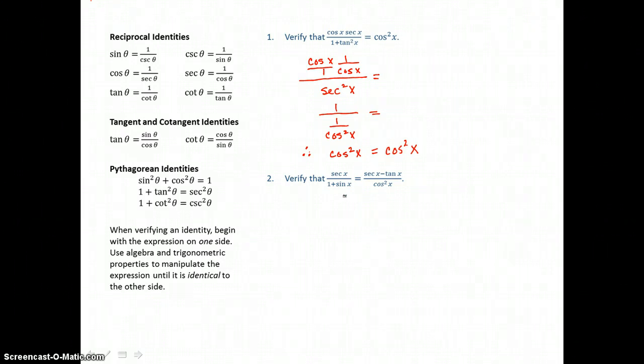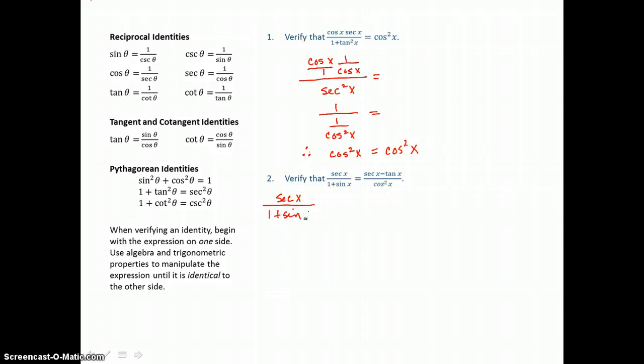Okay, in our last problem, we're going to verify that this equation is an identity. And again, I'm going to choose to change the left-hand side and make it look like the right-hand side. I have a sum in the denominator, and it's not sine squared, so I don't think to use the Pythagorean identity, but I do want to use the conjugate of that sum in the denominator.